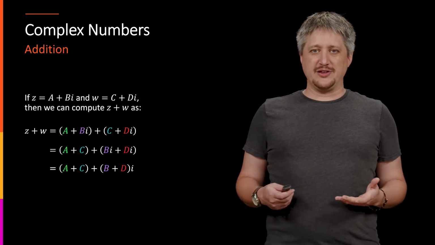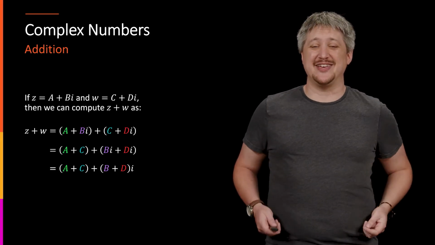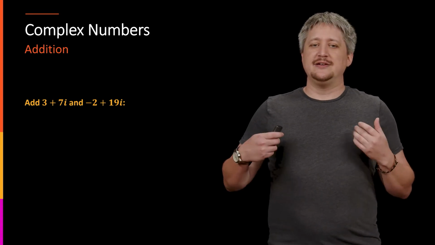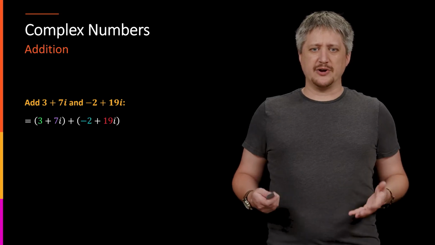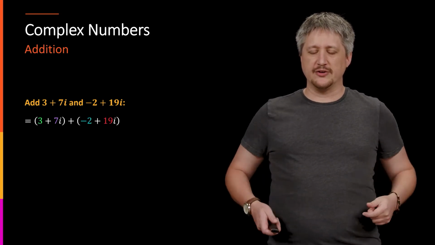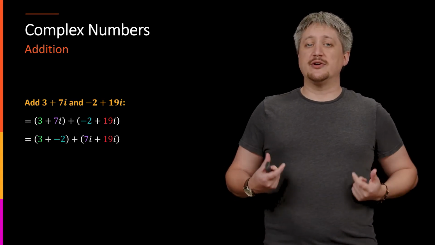Now I realize this is probably some alphabet soup looking thing, so let's do a concrete example. Let's say we want to add 3 plus 7i and negative 2 plus 19i. Same idea, we write it down. Technically we don't need parentheses, but just to show, we have one number plus the other number. Then we rearrange it so that we have the real parts together and the imaginary parts together.